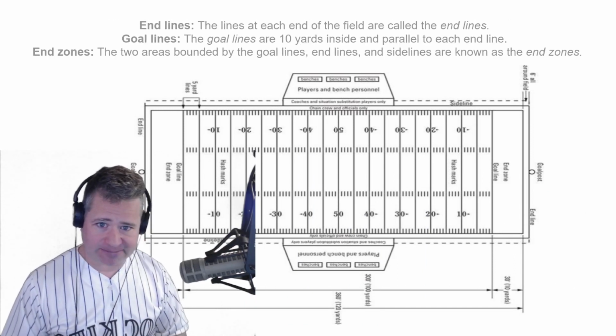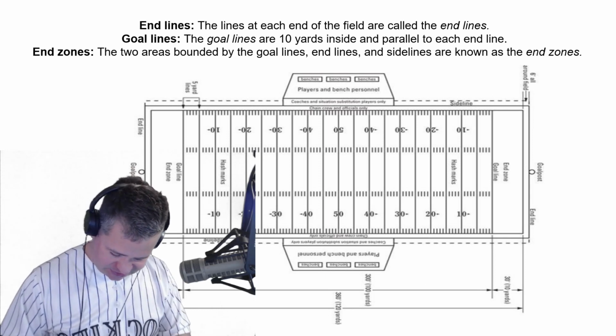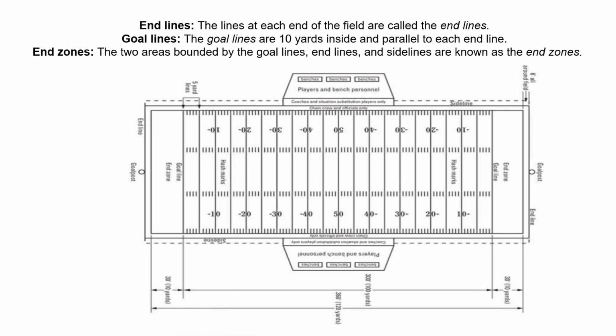The end lines, let me take away my camera so we can see properly. The end lines are right here. This is the end of the field. Past this point, it's out of bounds. You can't play there. The goal line, you have to cross this marking to score points.